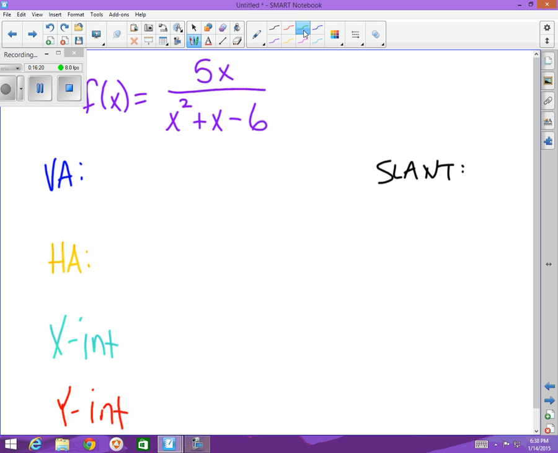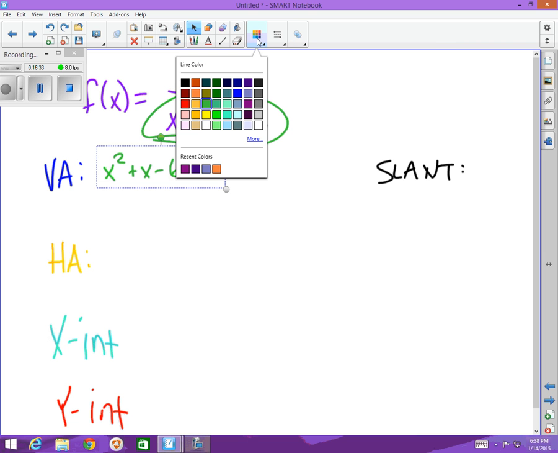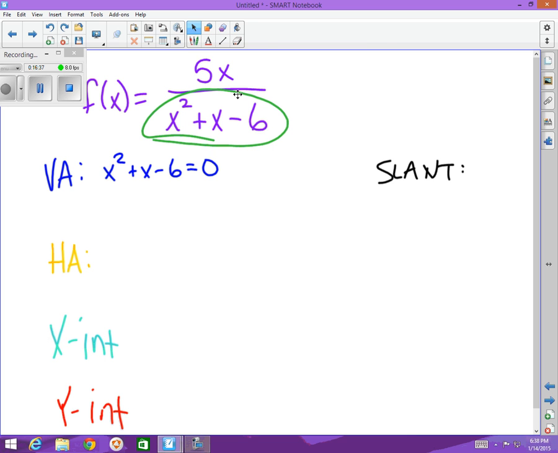So remember, vertical asymptotes come from the denominator. What makes that 0? So you have to take x squared plus x minus 6 equals 0. I think we're going to turn that into blue because that's the color we're working in. All right, so now you have to solve that.